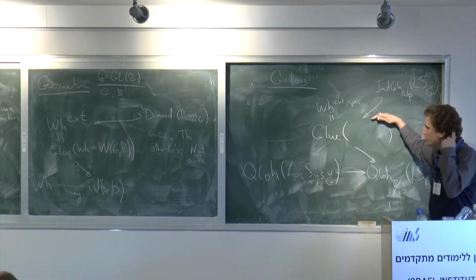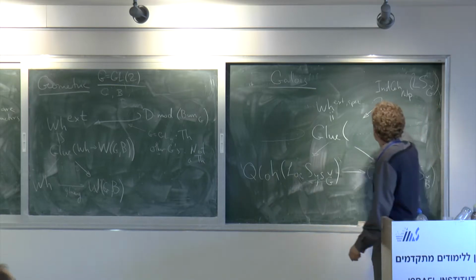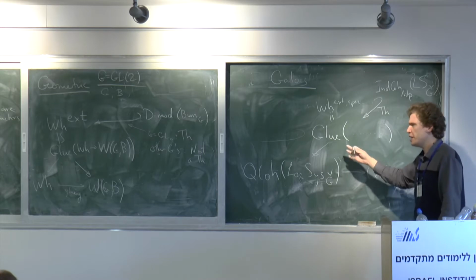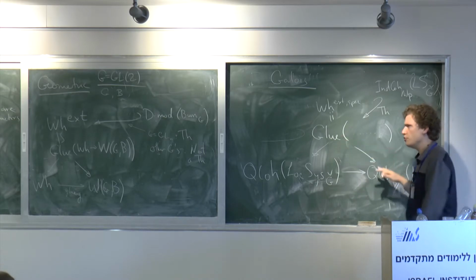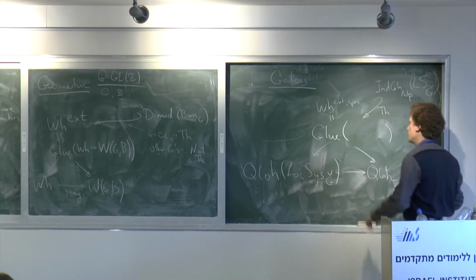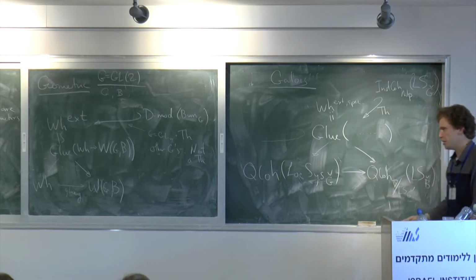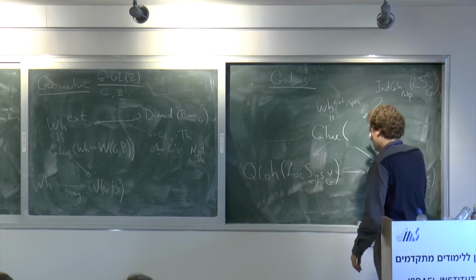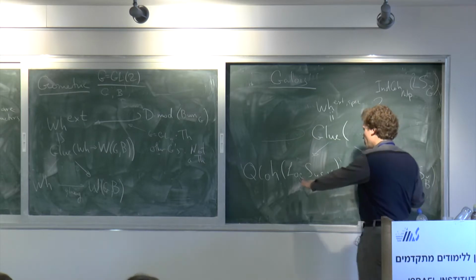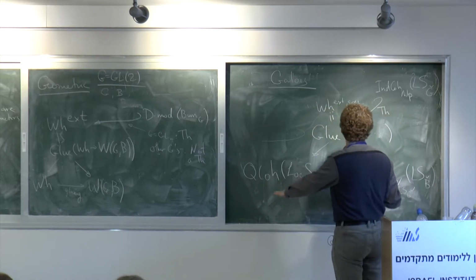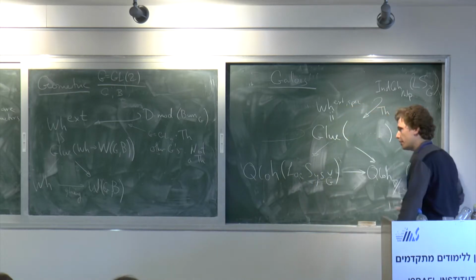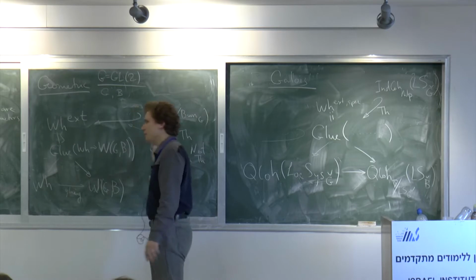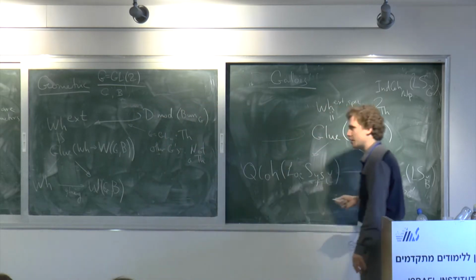It's not conditional on anything. As I'm setting it, the way I wrote it here, it's only set up for GL2 because I only consider two parabolics on the board. But it's a theorem for arbitrary reductive G. And when I say embedding, I mean fully faithful functor. So all hook arrows are supposed to be fully faithful functors.